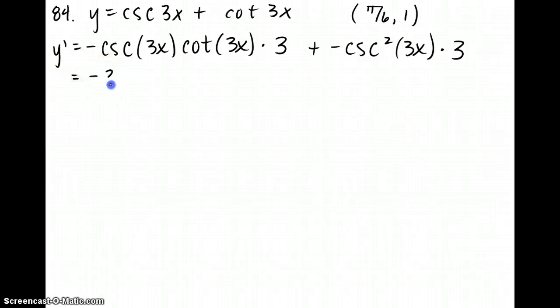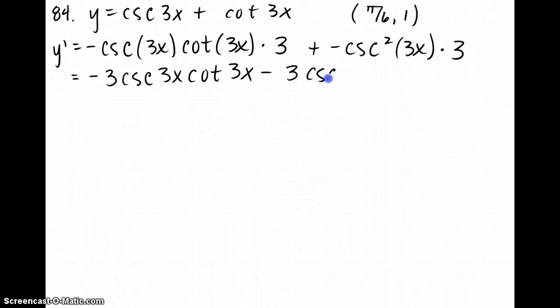So now we have negative 3 cosecant of 3x cotangent of 3x minus 3 cosecant squared of 3x.